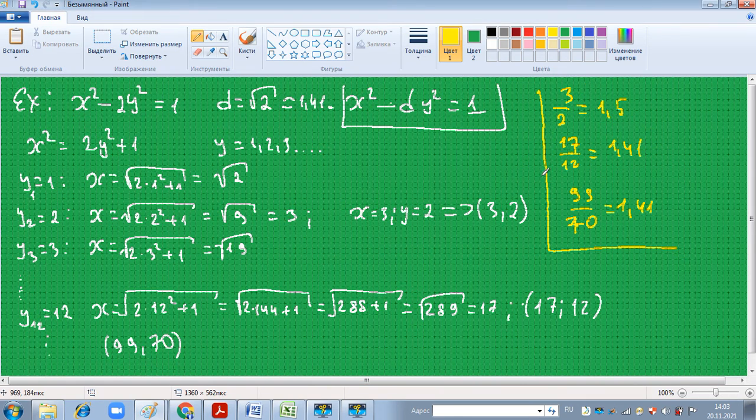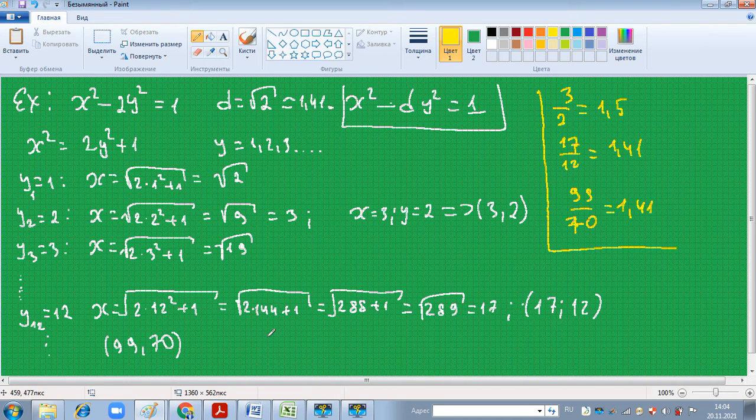By the Excel program, the first answer is x 3, y 2, and then x 17, y 12. Okay, it's right, because 12 squared is 144, times 2 is 288, plus 1 is 289, whose square root is 17.